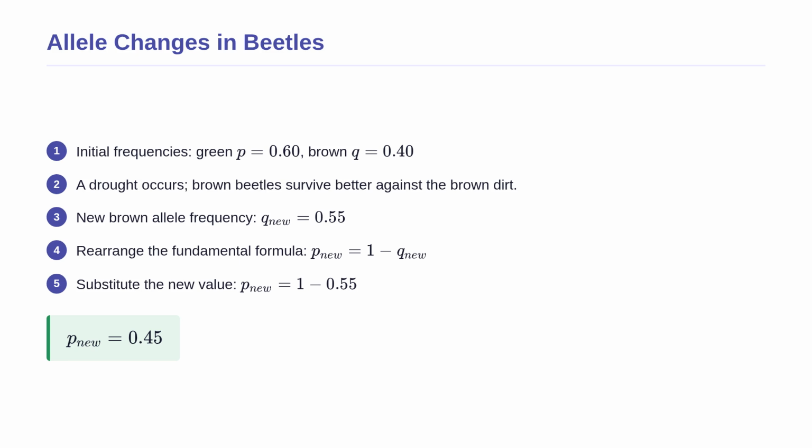We need to find the new green allele frequency. We rearrange our fundamental formula to P equals 1 minus Q. Substituting the new Q value, we find the new frequency of the green allele is 0.45. The green allele has significantly decreased due to natural selection.